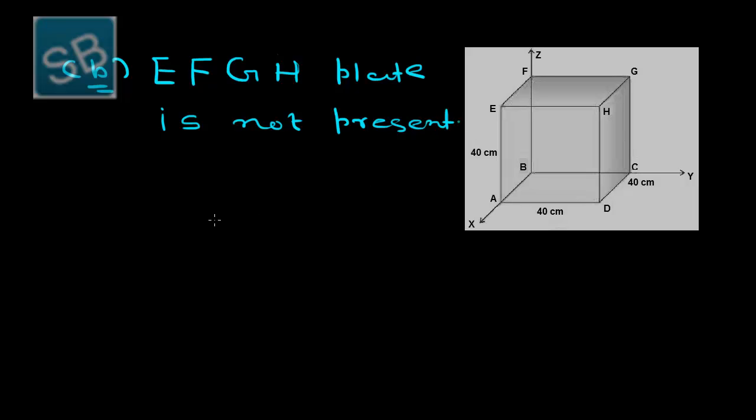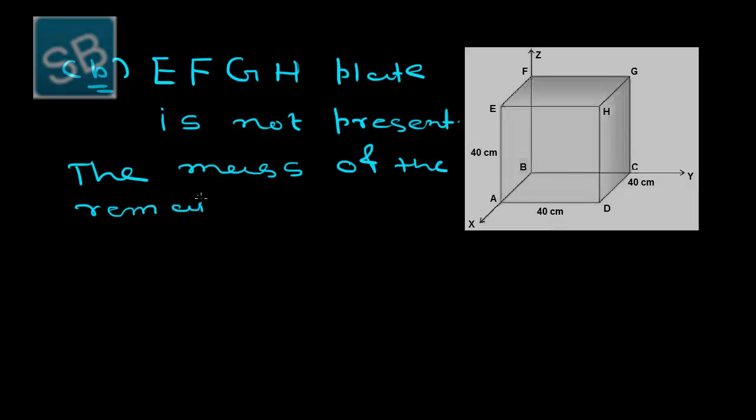And the mass of the remaining system, I am considering that as R dash CM. It is very easy, you have to just neglect or minus this EFGH value.